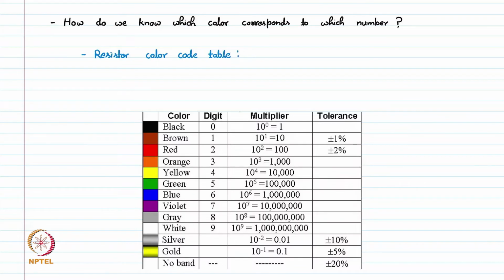In that formula there are empty spaces, and we need to put these digits in them. The digit comes from the color code on the resistor. So let's take an example of how to determine these values.